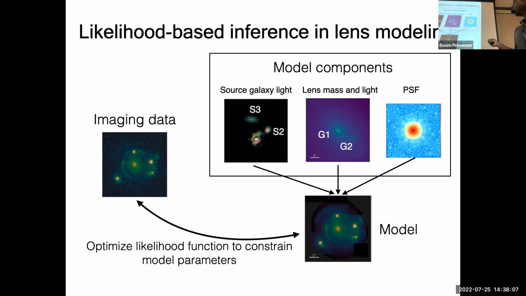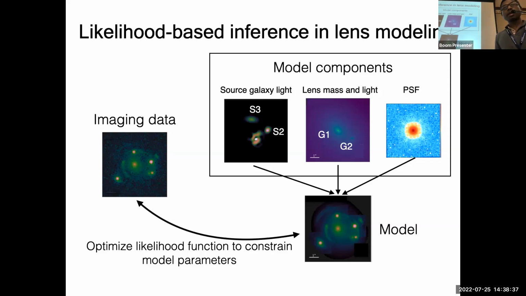There are 2 here. And we also need to know the PSF. Given these model components, we can reconstruct or simulate the observed data. Basically we optimize the likelihood function using the data and the model-based reconstruction to find the best fit model parameters and their uncertainties. So basically we run an MCMC method using this model.